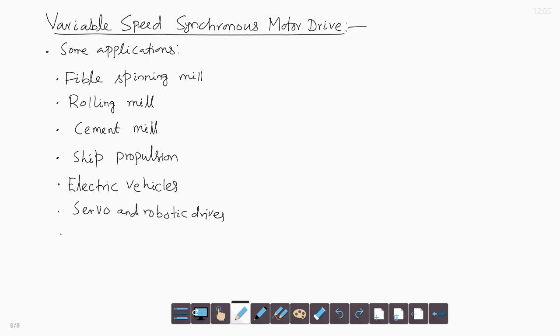linear synchronous motor propulsion that uses the magnetic levitation type, magnetic levitation linear synchronous motor propulsion.